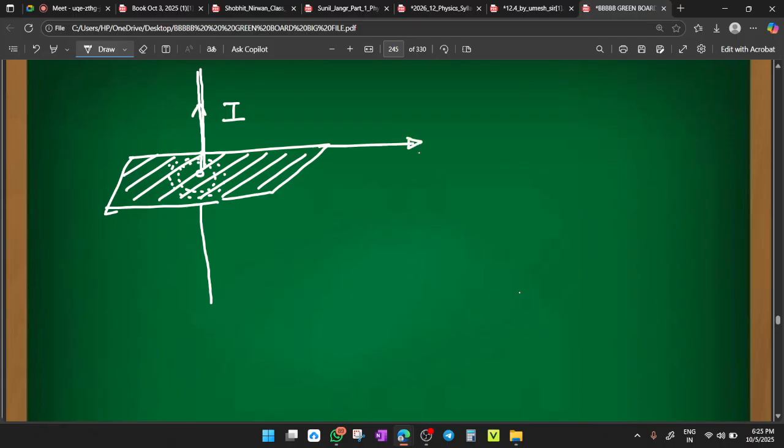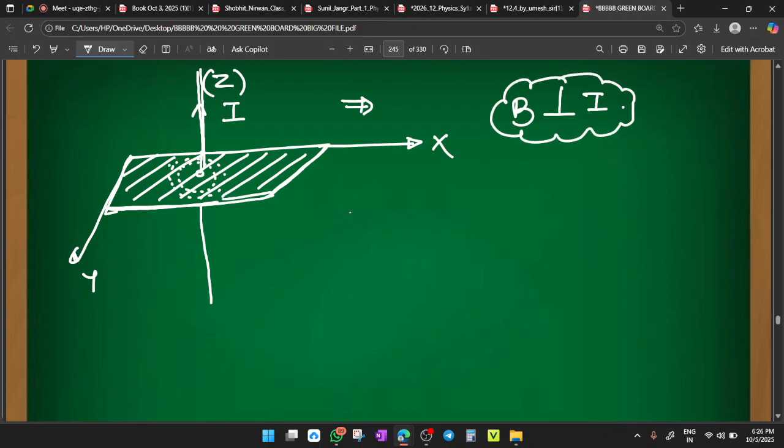If you consider this axis as x and this axis as y, the magnetic field is produced in the xy plane and the current is going along the z axis. Yes or no? So this means current is always perpendicular to the plane of the magnetic field. Yes, B is always perpendicular to I. Clear?